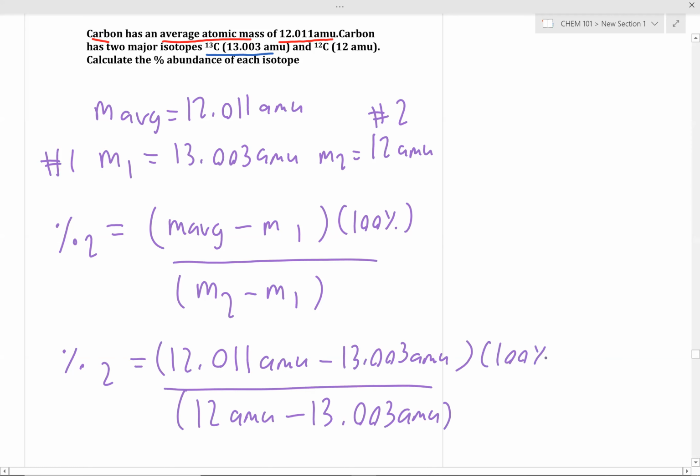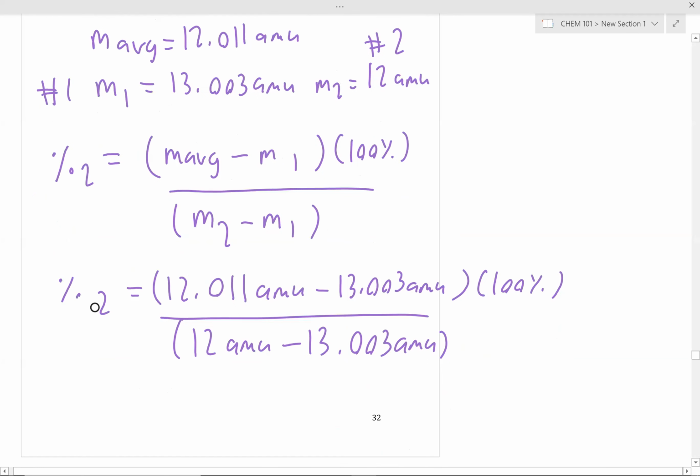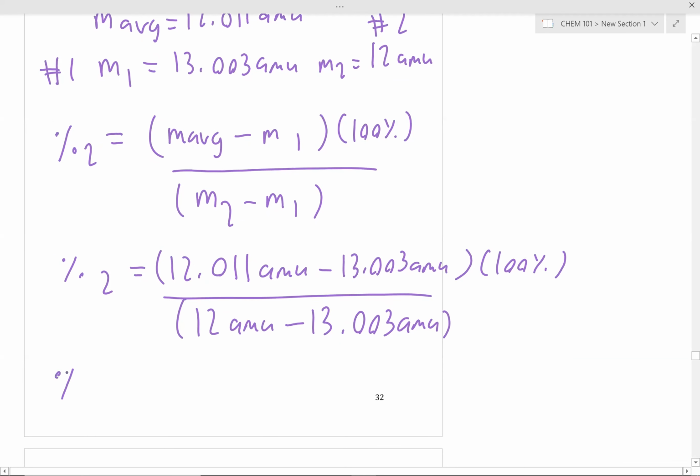Then times 100%. When we punched this into our calculator, following this step by step, we got that the percentage of isotope 2 was 98.9%. So that's our overview of what we've done so far.